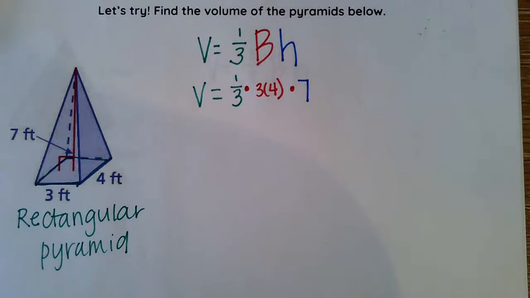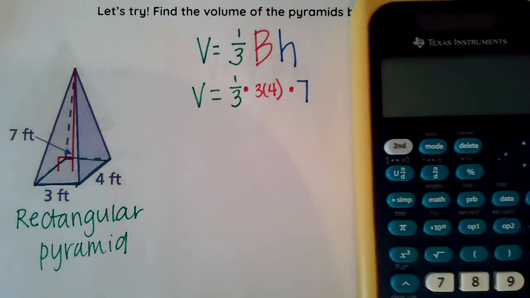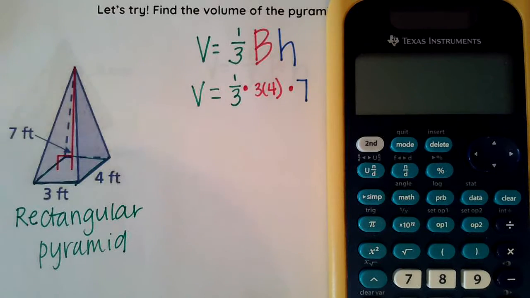Now, the height of my pyramid is always going to start at the point opposite of the base and go straight down to a 90-degree angle in the middle of your base. Then, like I said, on your calculator you can either multiply all of this by 1/3 or divide by 3 at the end.